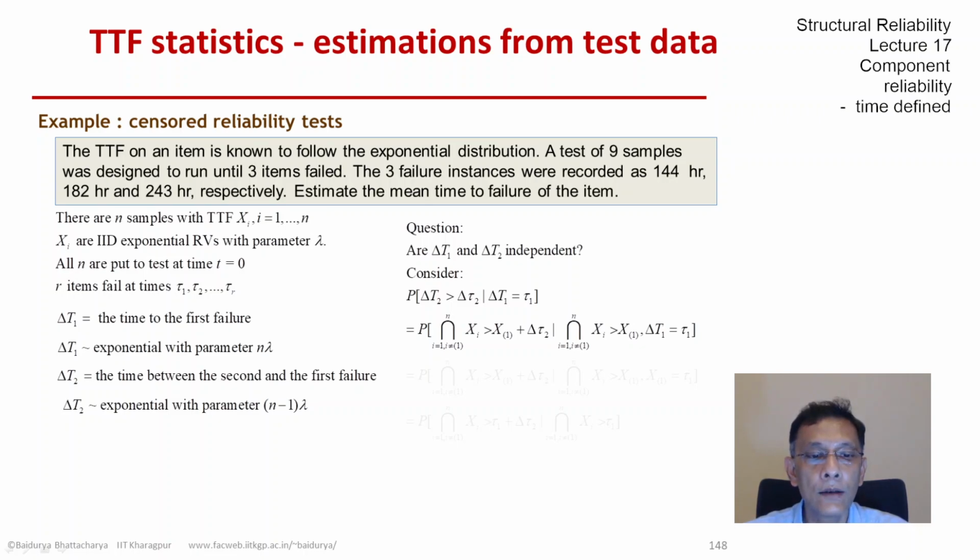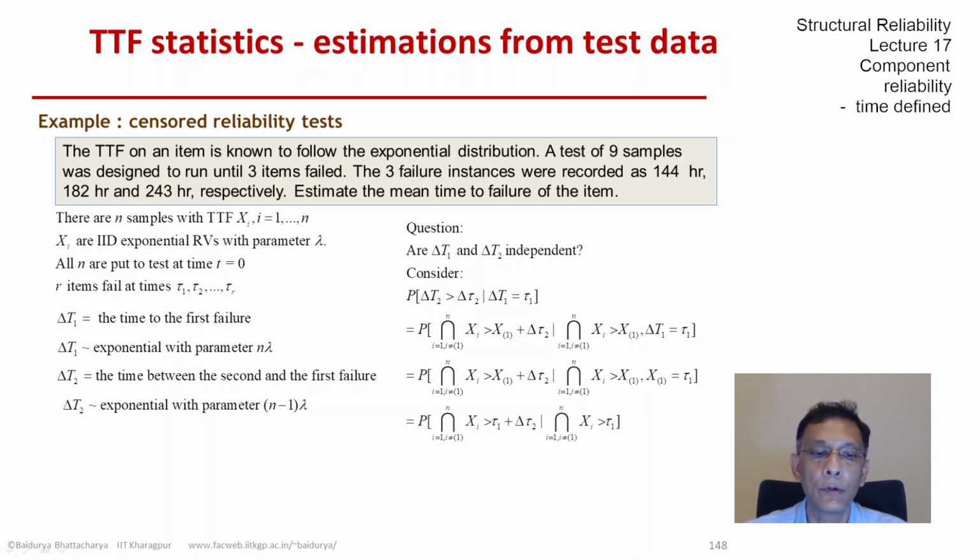Now we can proceed. Because delta t1 equals tau 1 essentially means that the time to the first failure is tau 1. So if we agree with that, then we can replace x subscript parenthesis 1, the time to the first failure, with the conditioning event that it is equal to tau 1.